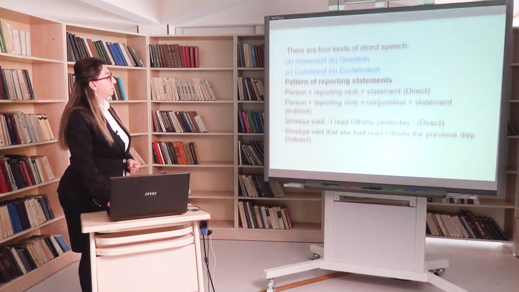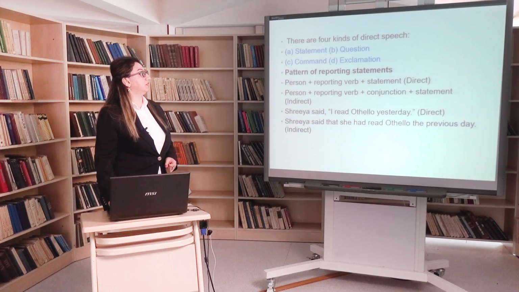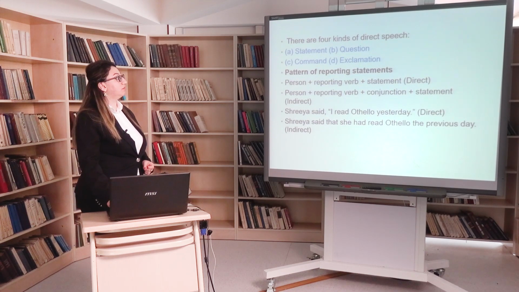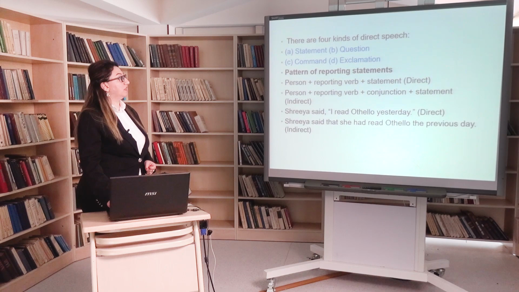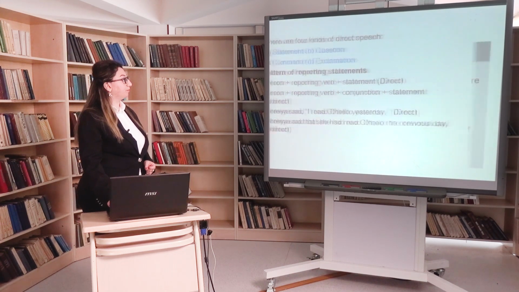In the next section, I want to give information about kinds of direct speech, and there are 4 kinds of direct speech: statement, question, command, and exclamation. Depending on the types of sentences, many changes can be done while turning direct speech into indirect speech.